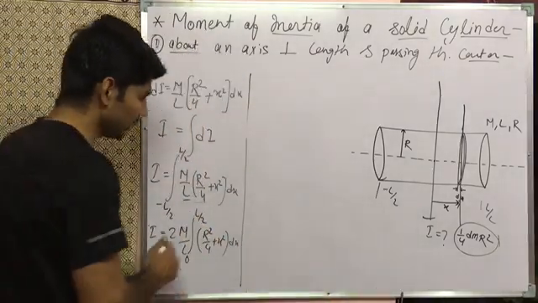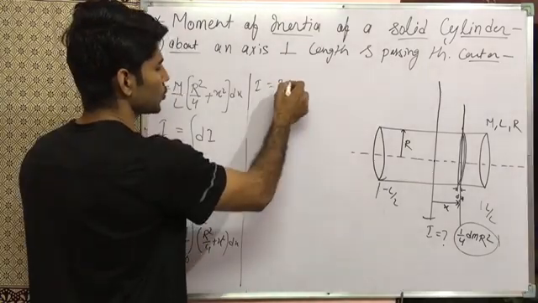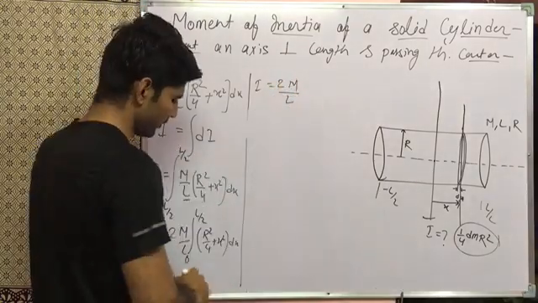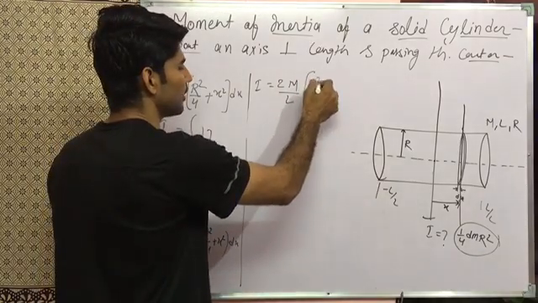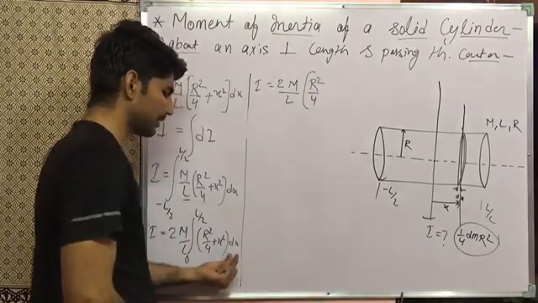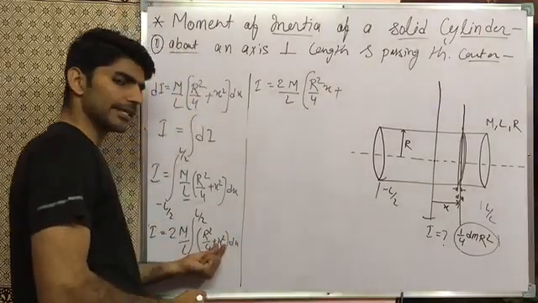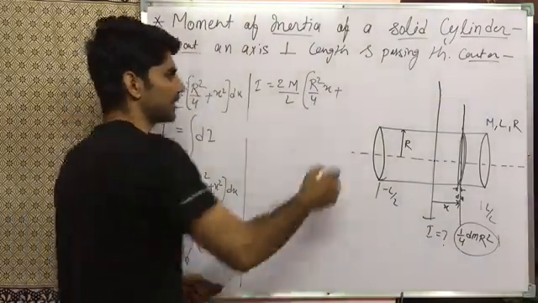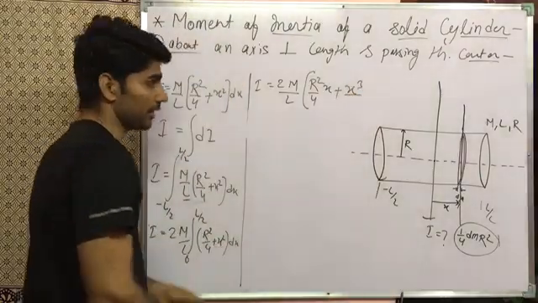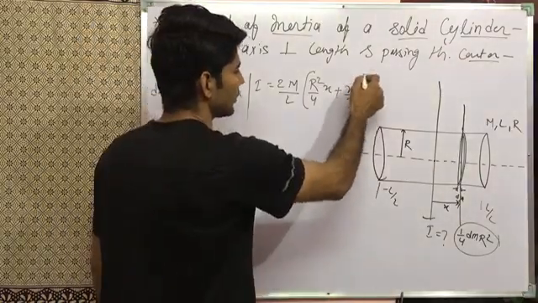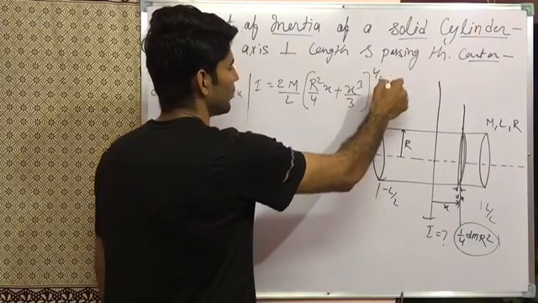So here the constant is 2m by L, and the integration of r square by 4, which is constant, with dx is x, plus integration of x square with respect to dx, where the power is increased by 1 and the increased power comes in the denominator, with limits 0 to L by 2.